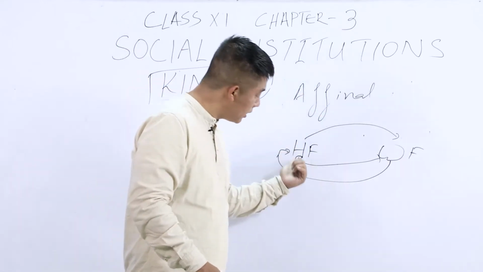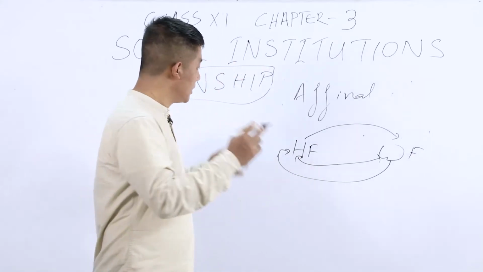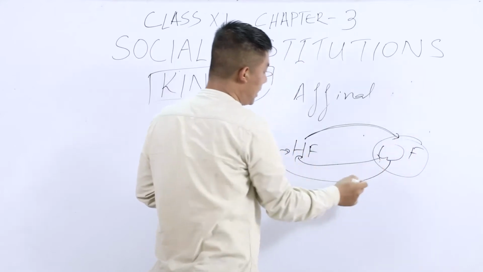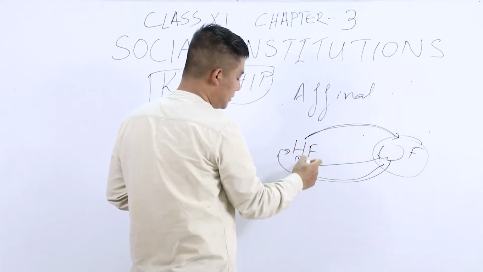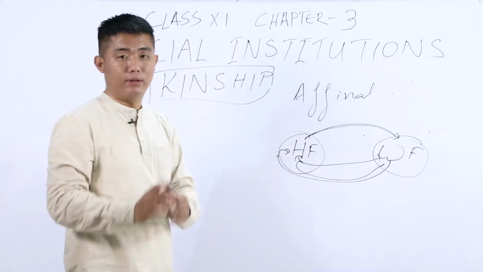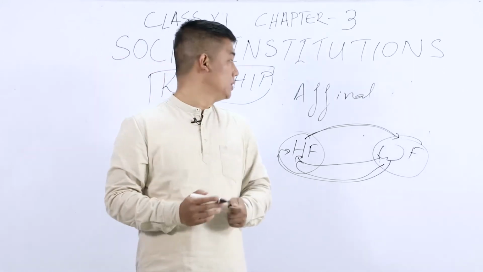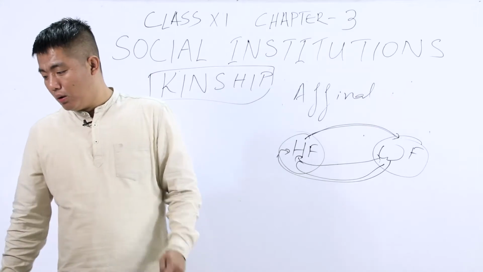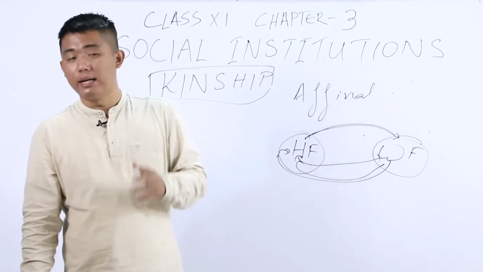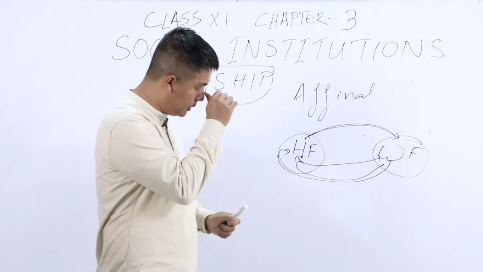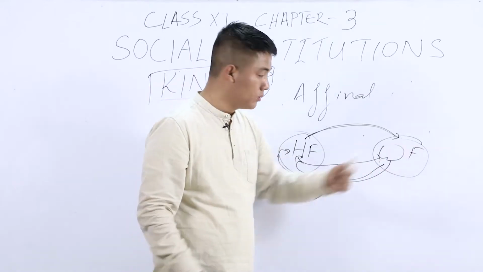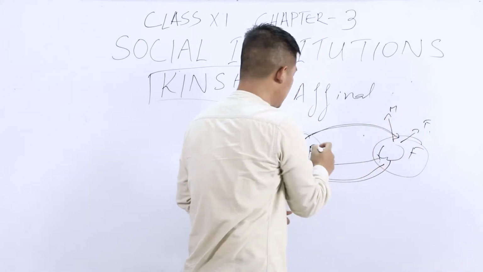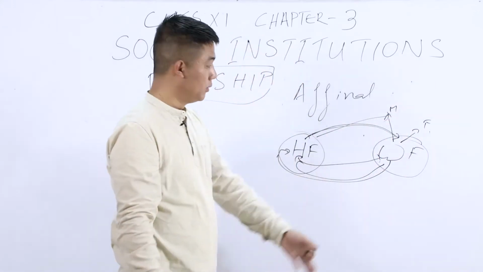Along with the husband and the wife, the husband becomes a relative of the wife's family, and the wife becomes a part of the husband's family. This type of relationship is called affinal kinship. All such relatives are known as affinal kin. For example, the wife's father is the husband's father-in-law, and the wife's mother is the husband's mother-in-law, and vice versa.